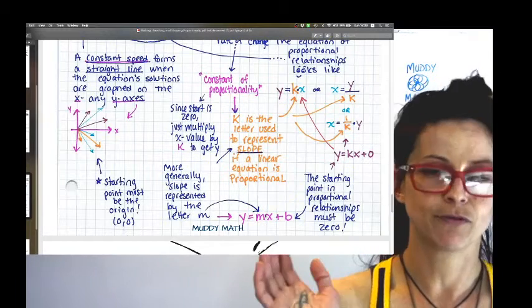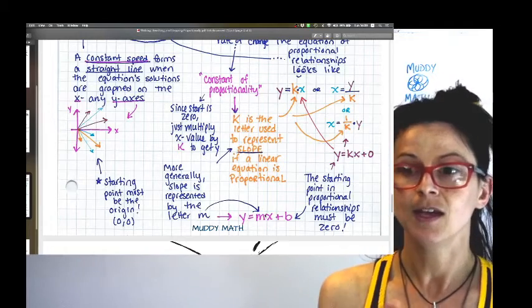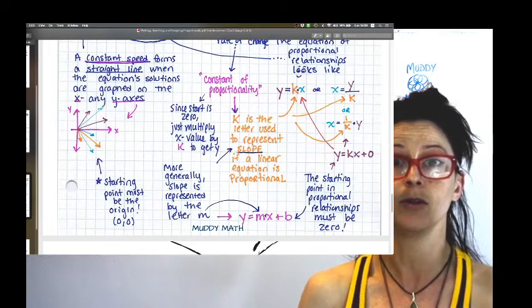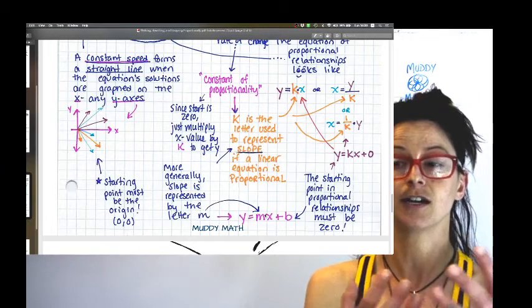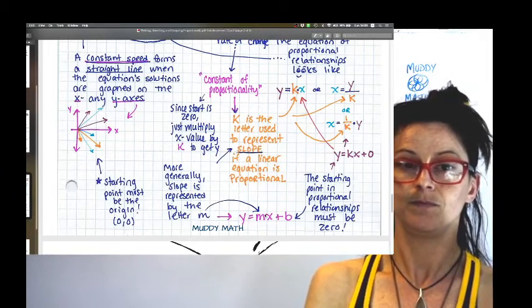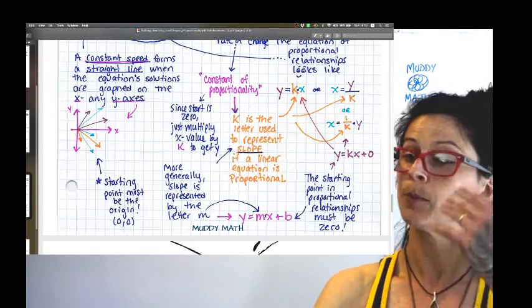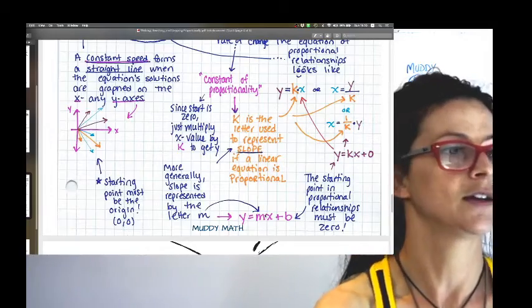They're just letters. Don't be afraid of them. The important thing is in a proportional relationship, you can just multiply the independent variable by a single value, a factor, and get the dependent variable. In other linear expressions, you have to multiply and then add. For proportional relationships, you just have to multiply.